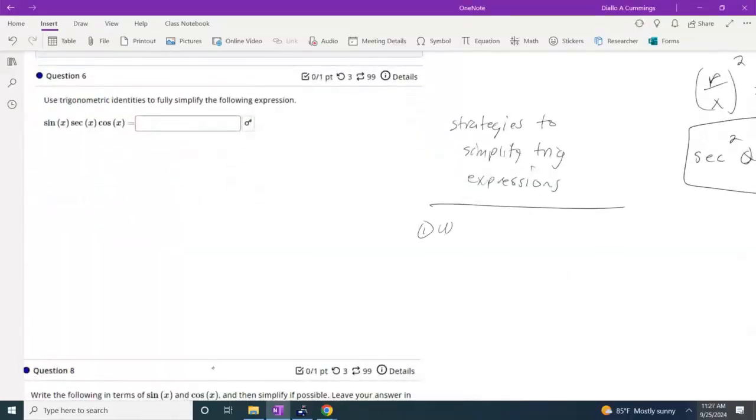The first strategy is to write everything in terms of sine and cosine.